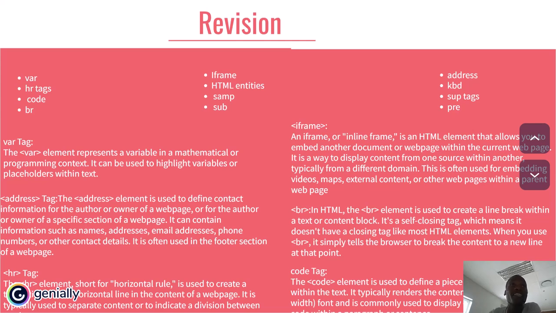It typically renders the content in a monospace, fixed-width font, and it is commonly used to display code snippets or inline code within HTML text. So do we understand the code tag? All of us? I do.